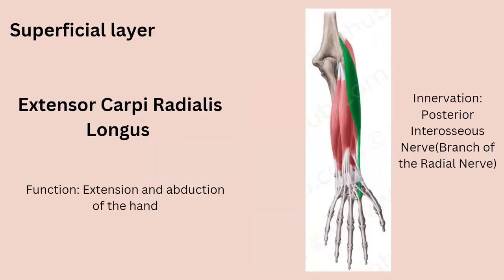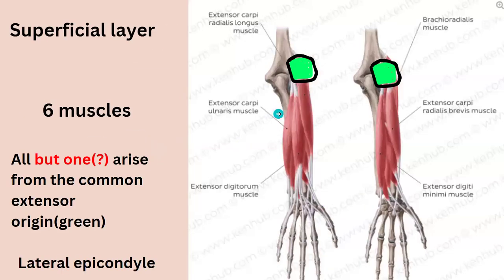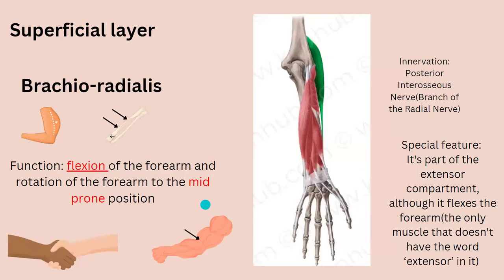So we discussed 6 muscles. We said that the brachioradialis is the only muscle that did not arise from the common extensor origin. The common extensor origin is basically on the lateral epicondyle. The brachioradialis is really important for the mid-prone position.